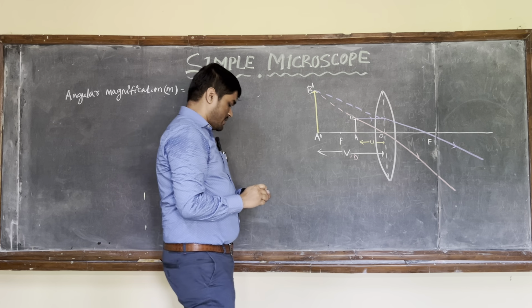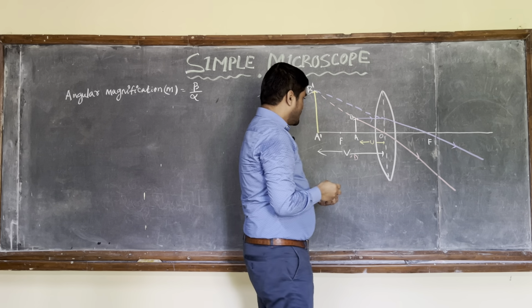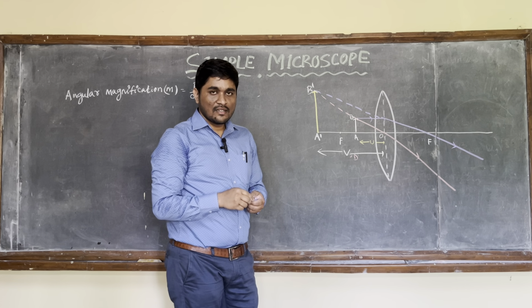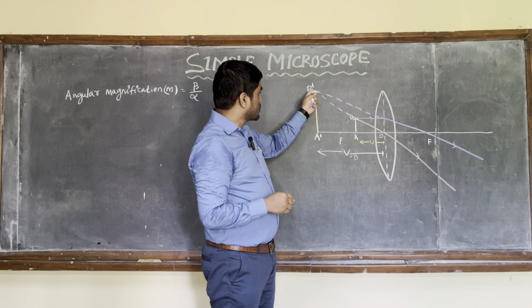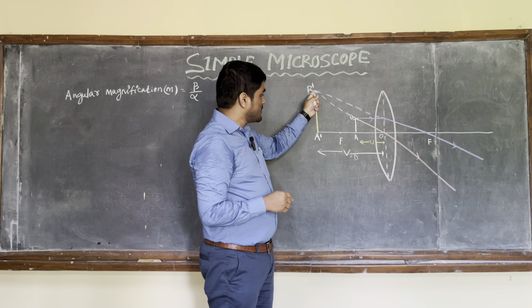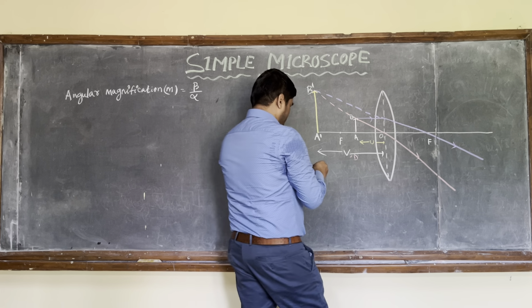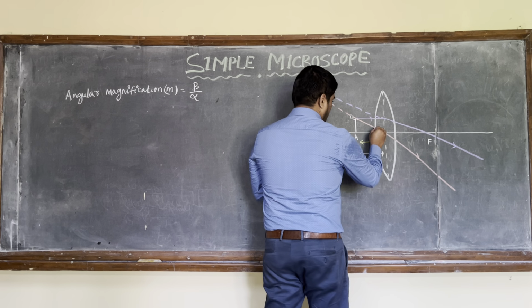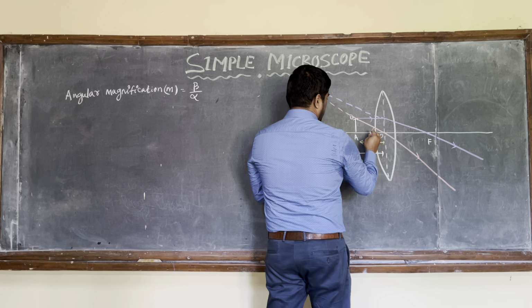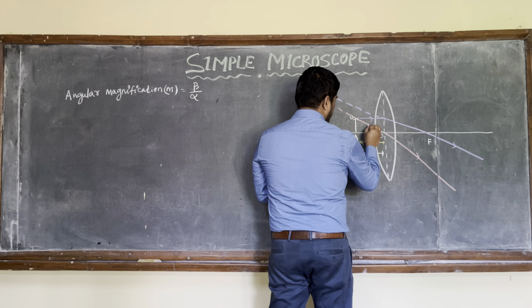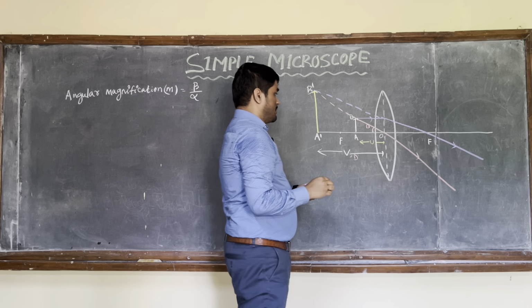So what is beta here? Beta, that is the angle made by the top of the image to the center of curvature. That means you can take this angle beta, this angle as beta.